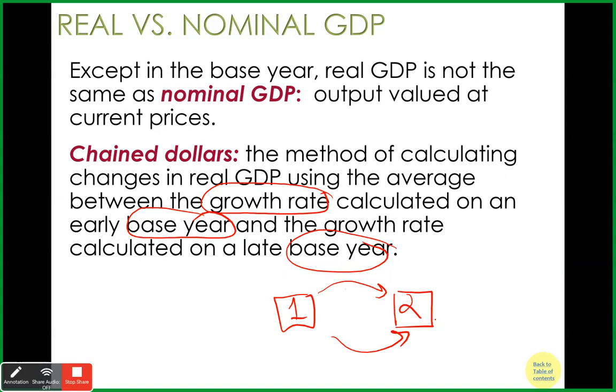Right? So for example, you have growth rates G1, G2. All right. And then let me write that the growth rate from 1 to 2 equals, you just take the average.